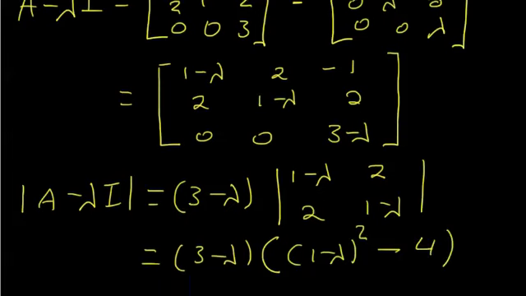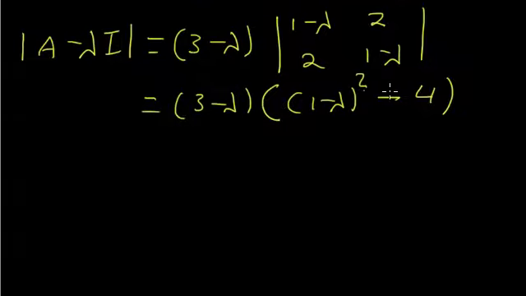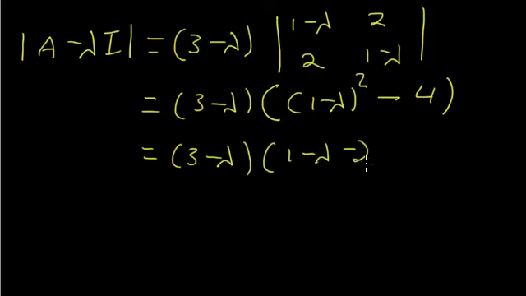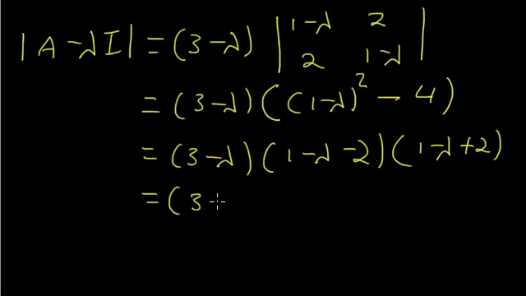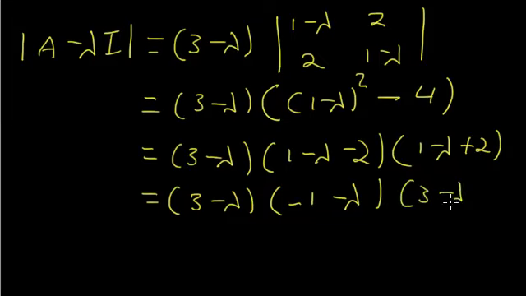Now, what I have is a difference of squares, so I can factor this into 1 minus lambda minus 2 times 1 minus lambda plus 2, and this gives me 3 minus lambda. 1 minus 2 is negative 1 minus lambda, and 1 plus 2 is 3 minus lambda.